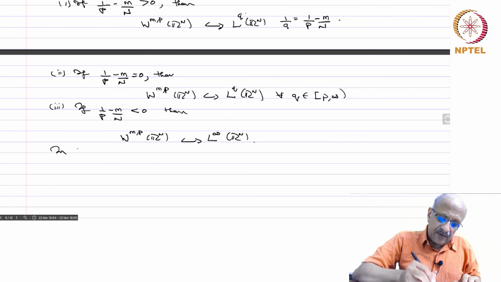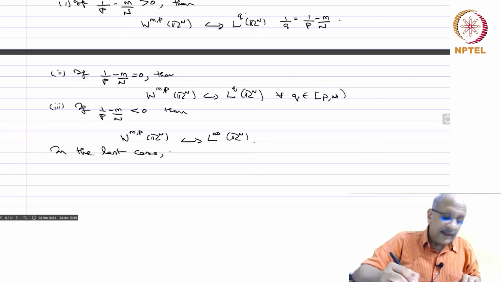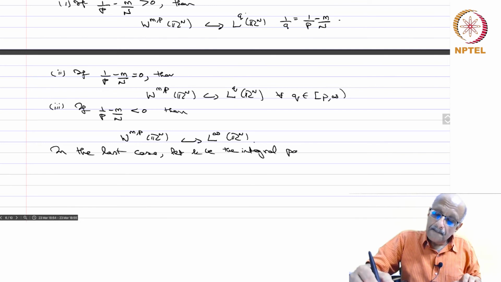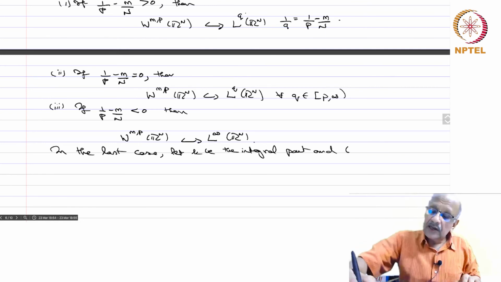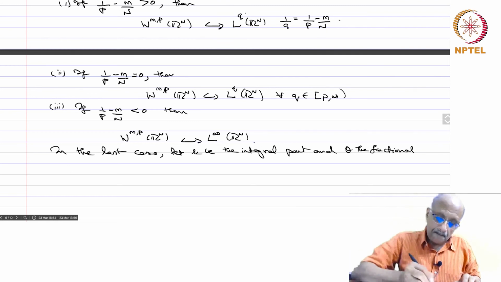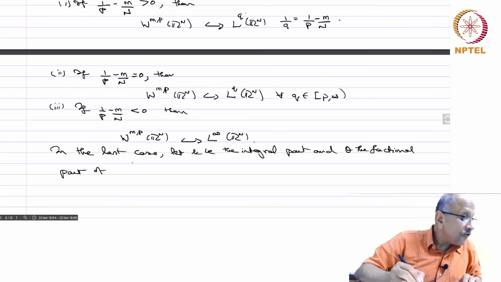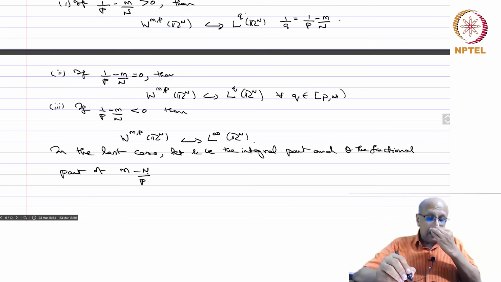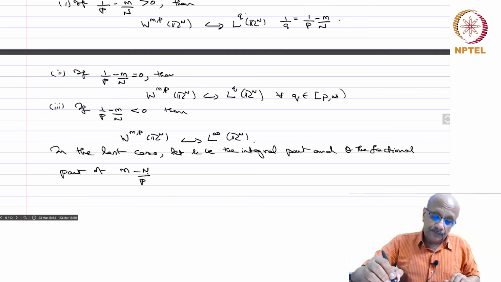In the last case, let k be the integral part and theta the fractional part of m minus n/p, which is a positive number. Okay, 1/p minus m/n is less than 0 in case 3, and therefore m minus n/p is positive.